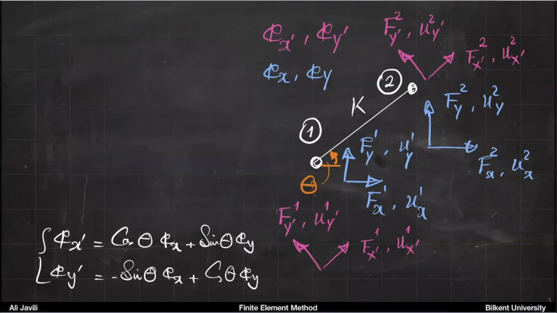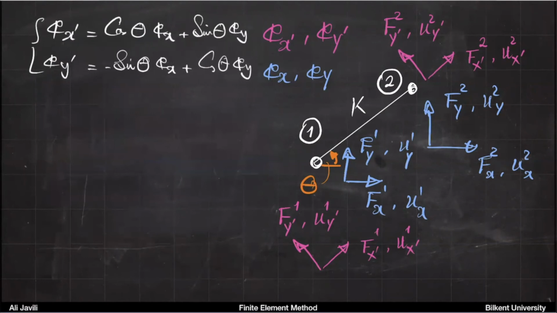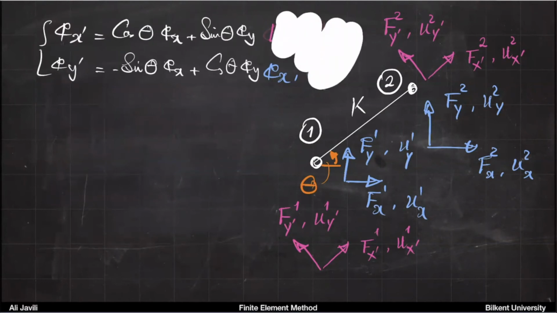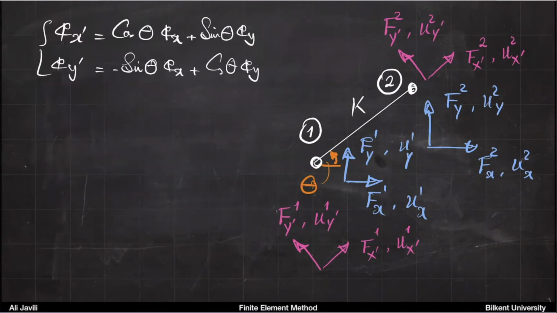Okay, so let's say if you have this thing, which you have the white one now, and now you have a force vector F in the prime coordinate system.